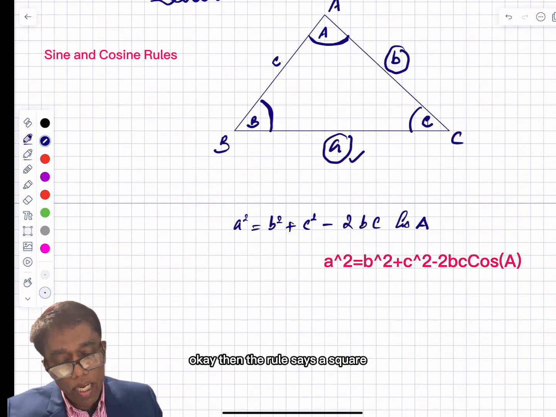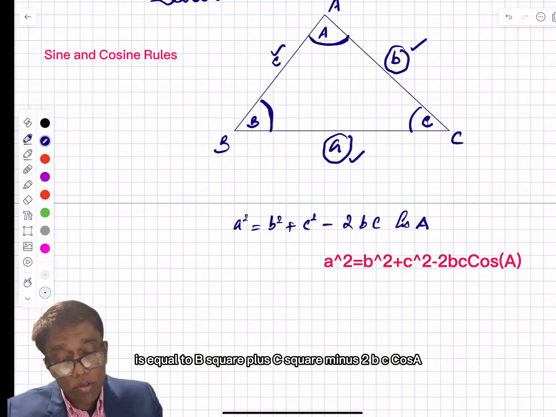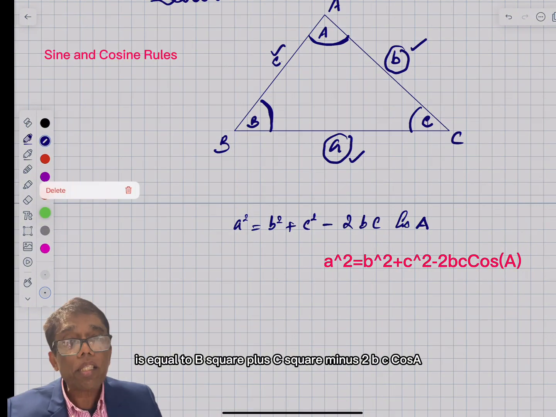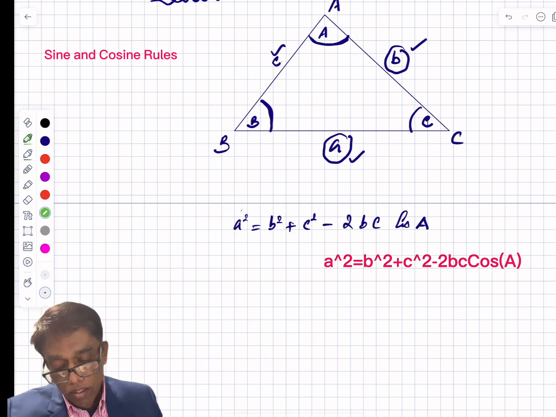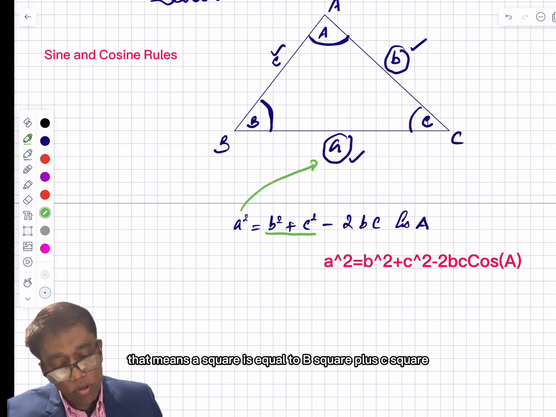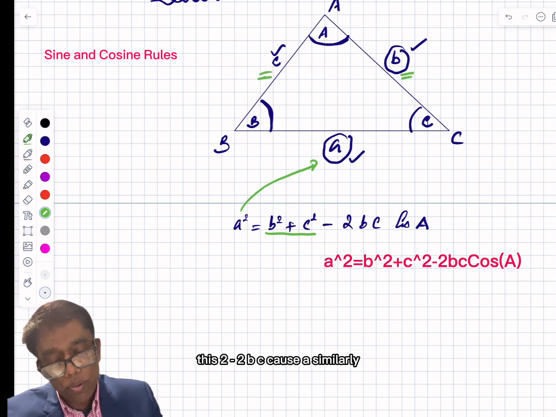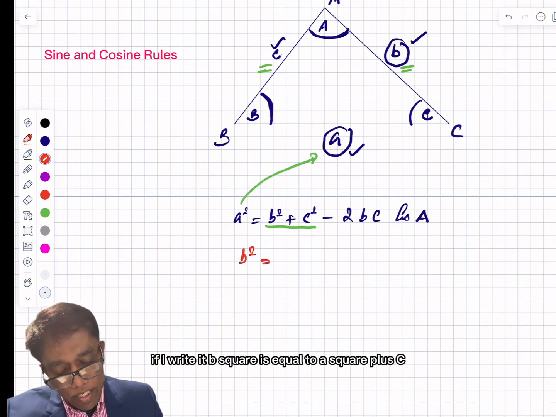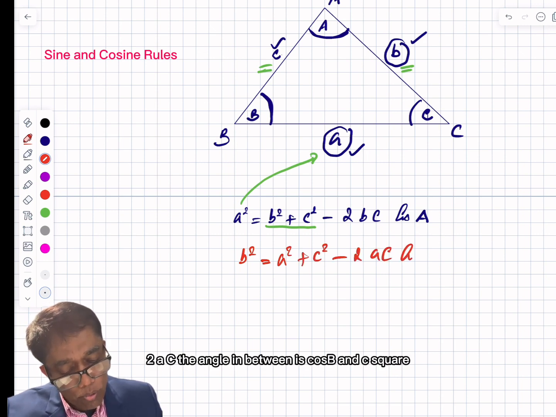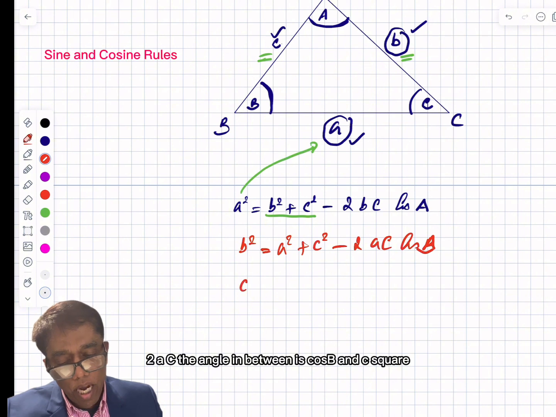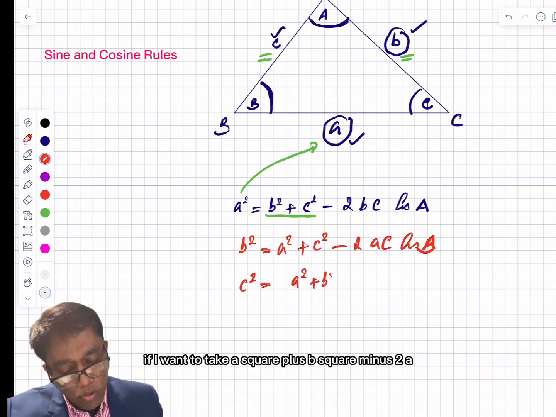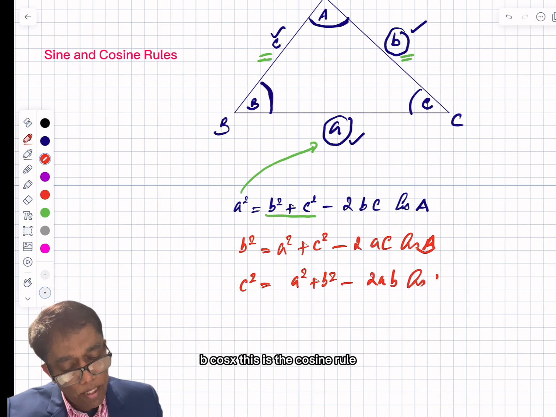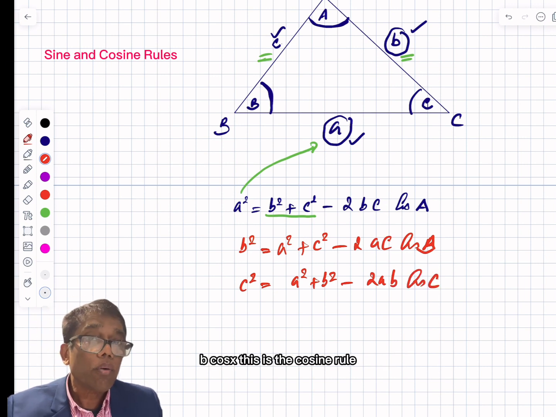Then the rule says a squared is equal to b squared plus c squared minus 2bc cos A. Similarly, b squared is equal to a squared plus c squared minus 2ac cos B, the angle in between being B. And c squared is equal to a squared plus b squared minus 2ab cos C. This is the cosine rule.